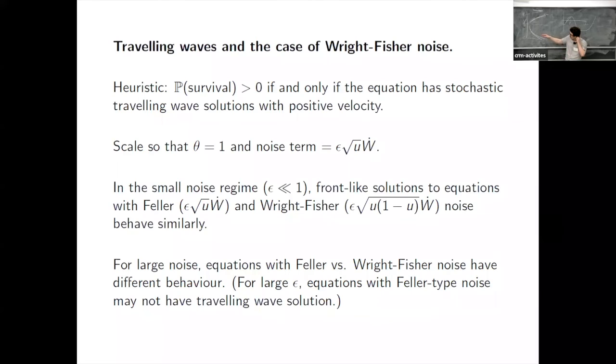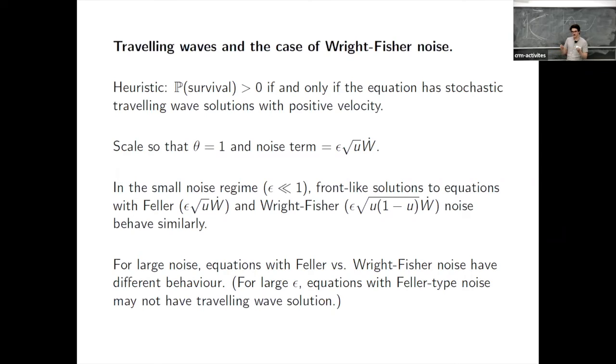But I don't think that helps us infer anything about the large noise behavior for the Feller case, because, for example, if you go back to the theorem of Mueller and Tribe, and you take the noise intensity to be such that the solutions go extinct almost surely, then one also expects that you don't have any traveling waves.